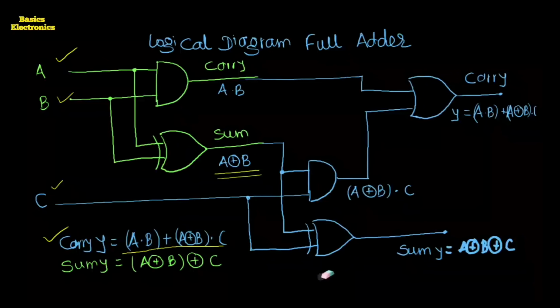Okay, so we get this sum. That sum equation is Y equals to A XOR B XOR C. Okay, A XOR B XOR C.